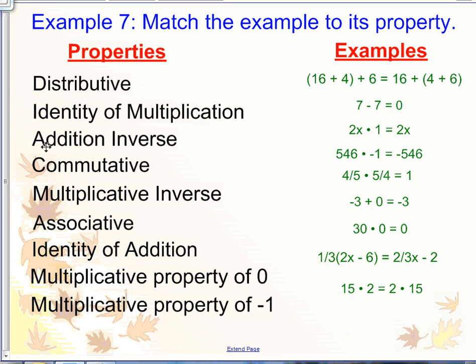So we have all the properties here, including the distributive property, and we're going to match them real quick with the different terms. So the first one we have is the distributive property. The distributive property is where you're distributing the outside number to the numbers within the parentheses.